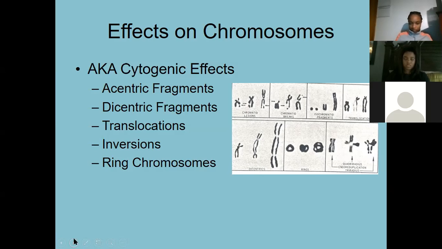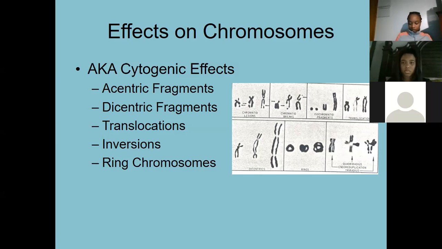Dicentric fragments, here's an illustration of dicentric fragments. Two broken chromosomes have joined together, so they have two centromeres. So at one place, you've got a whole lot of extra genetic material. At one place, you're missing genetic material. Translocations, where an acentric fragment joins with an adjacent chromosome.